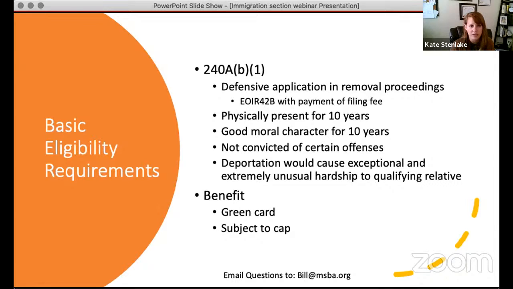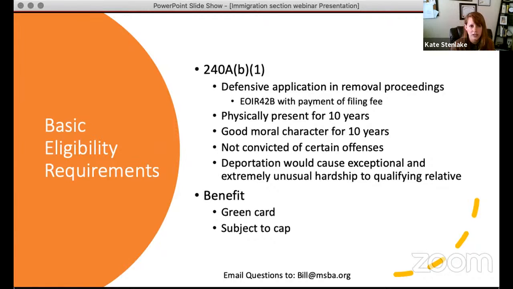So the first thing you want to make sure of is that you're in the right category, which depends on your client's legal status. If they are a lawful permanent resident, you're going to want to look at the distinct relief, which is cancellation of removal for lawful permanent residents. Today, we're only going to be talking about cancellation of removal for non-LPRs.